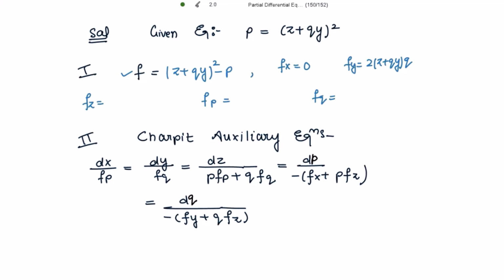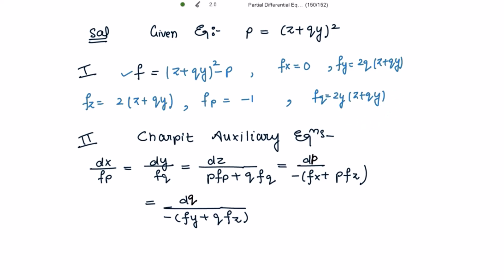Then fz is differentiating f with respect to z, so it is twice of (z plus qy). Fp is minus 1, and fq is twice of (z plus qy) multiplied by y. Let me write this as 2q and here 2y.